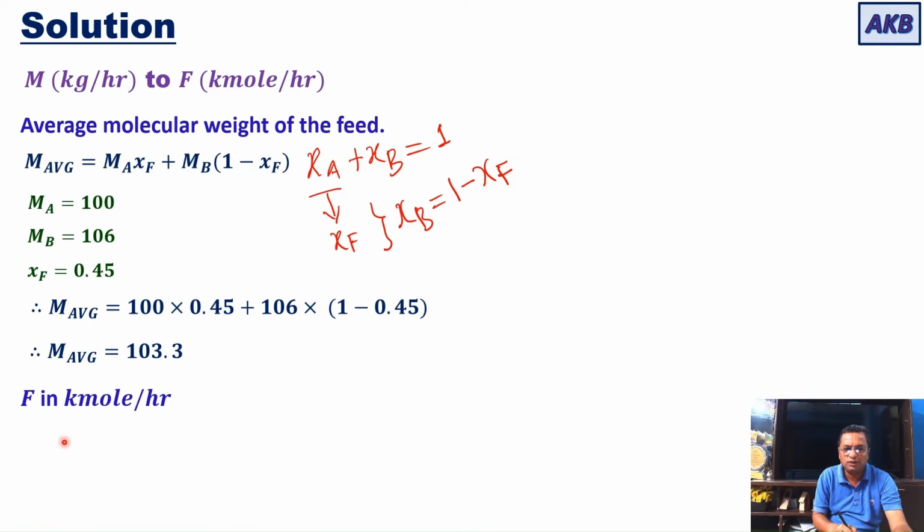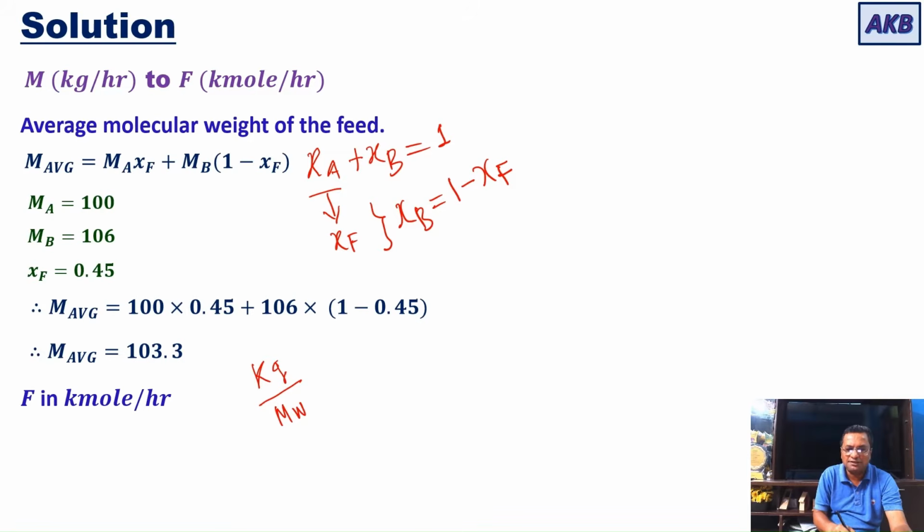Once you get the average molecular weight, you can convert the flow rate from mass flow rate to molar flow rate by dividing the mass flow rate by the average molecular weight. And why are we doing this? Because if you have the mass of a component in kg, then to convert these kgs into kilomoles, you have to divide by the molecular weight.